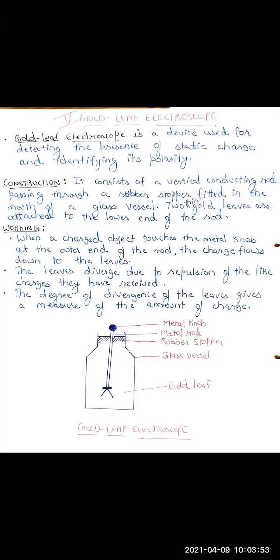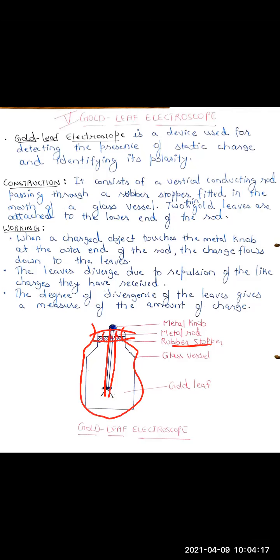The gold leaf electroscope consists of a vertical conducting rod. This is the rod which runs from the top, outside, till inside, right? And this is your glass vessel. At the mouth of the glass vessel, we have put a rubber stopper.